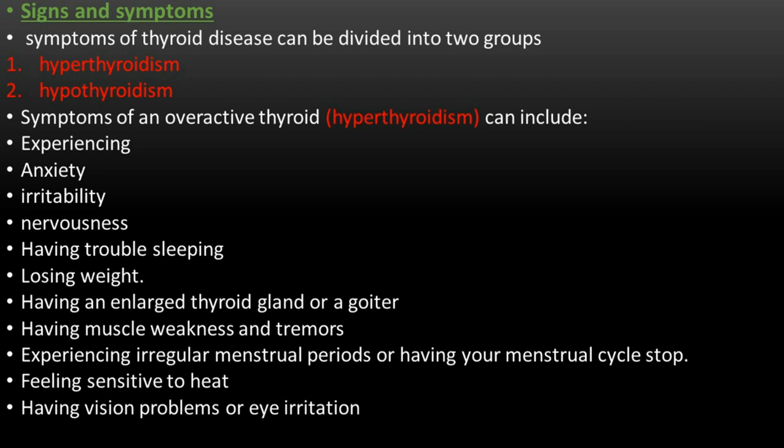Symptoms of an overactive thyroid, hyperthyroidism, can include experiencing anxiety, irritability, nervousness, having trouble sleeping, losing weight, having an enlarged thyroid gland or a goiter, having muscle weakness and tremors, experiencing irregular menstrual periods or having your menstrual cycle stop, feeling sensitive to heat, having vision problems or eye irritation.